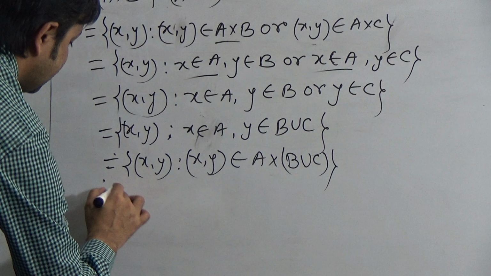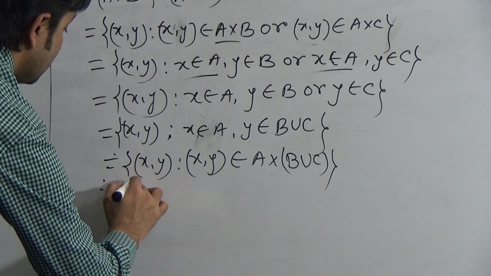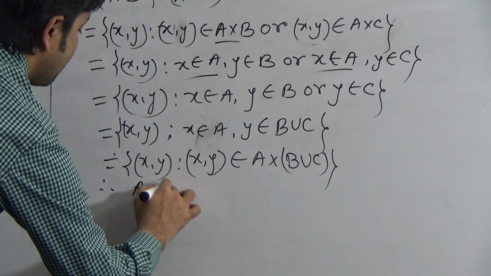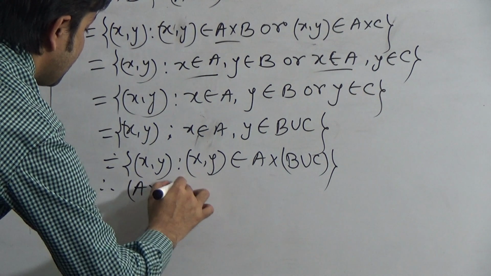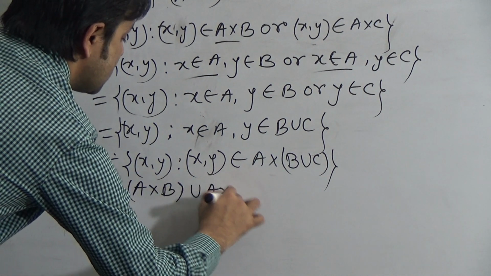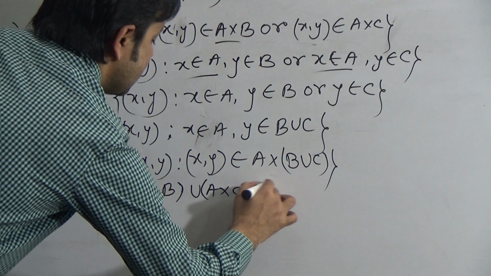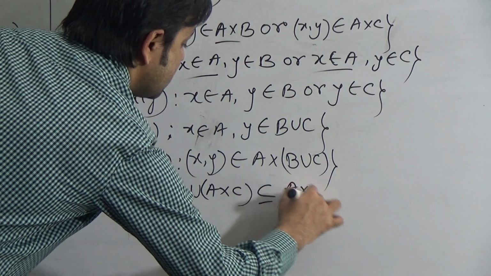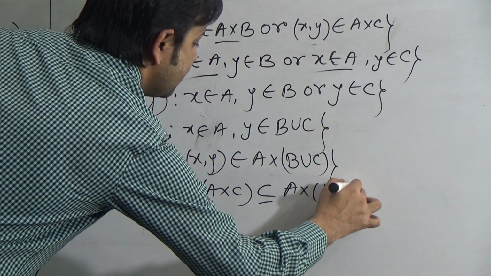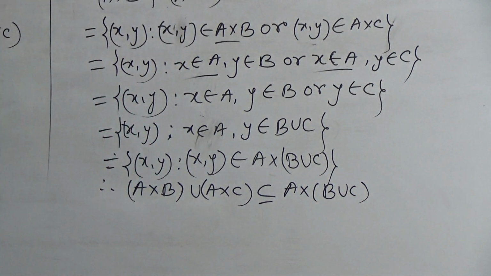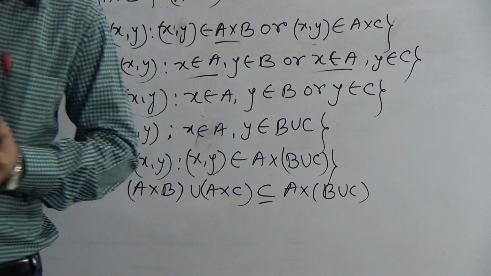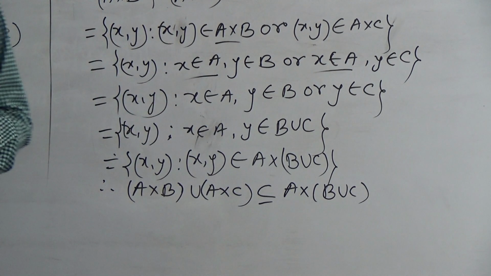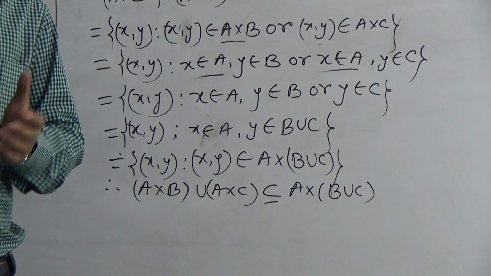So we can write here, therefore, A cross B union A cross C is a subset of A cross B union C. So I have shown here left hand side is a subset of right hand side, and conversely I have shown that right hand side is also a subset of left hand side.